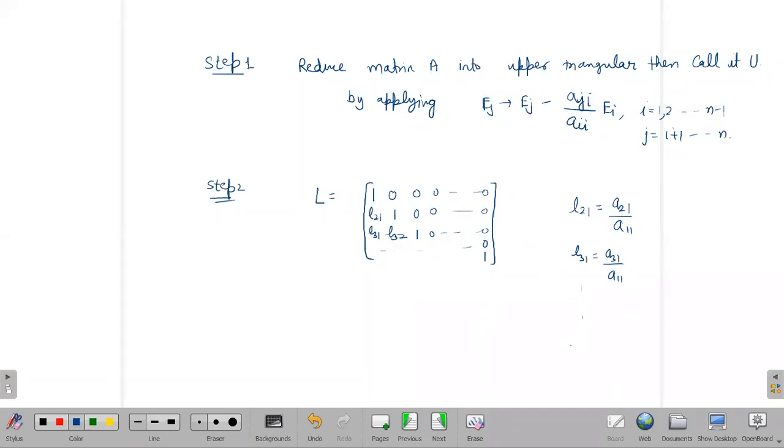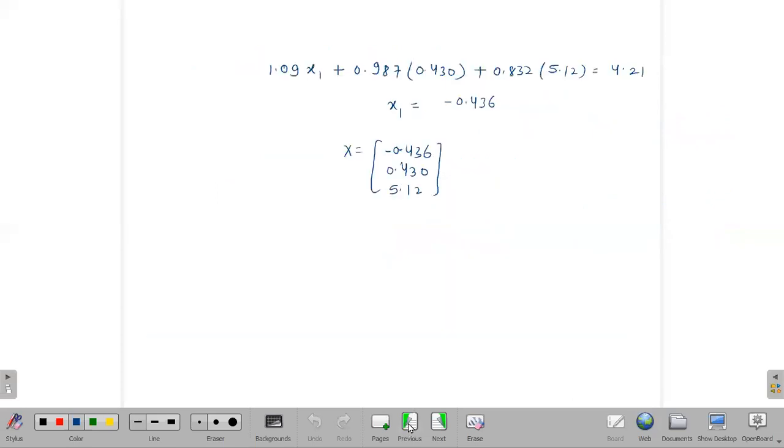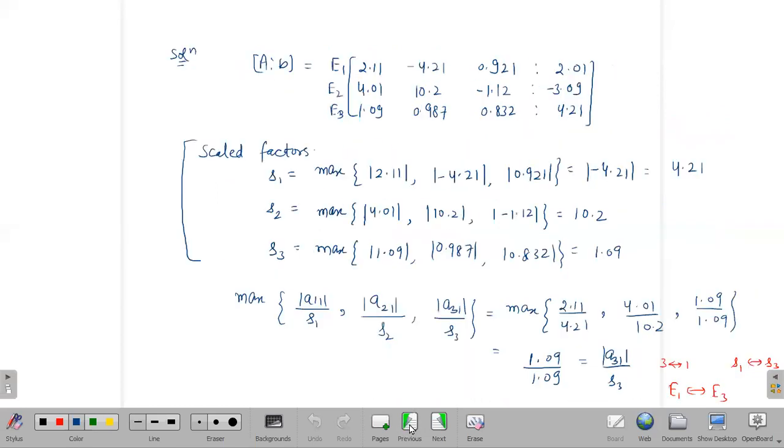So similarly, Ln1 will be An1 by A11. And similarly, how to find L32? It is A32 by A22 and so on. So this way, suppose we have done one example of the Gauss elimination here.